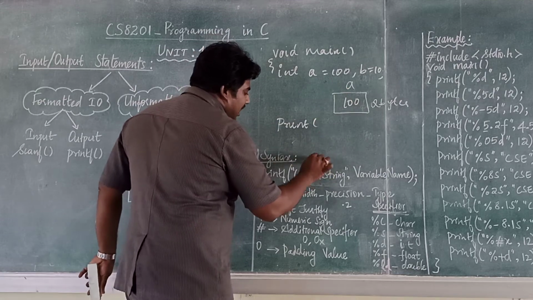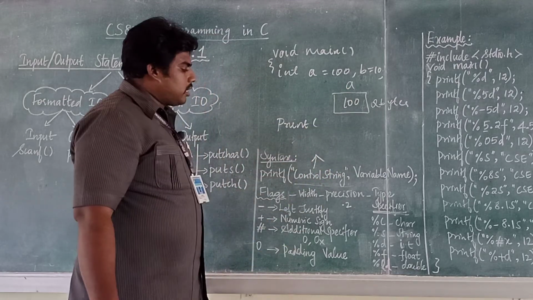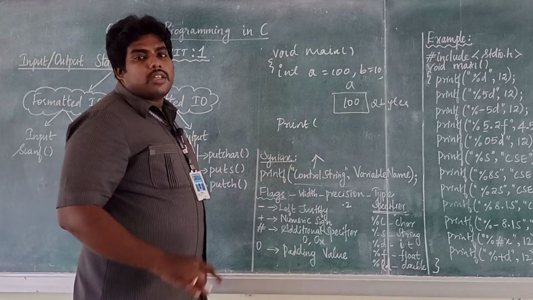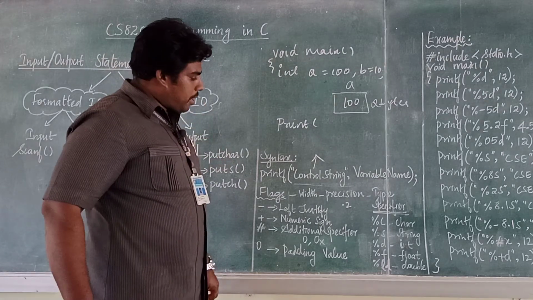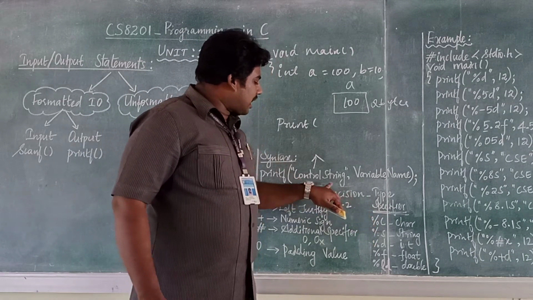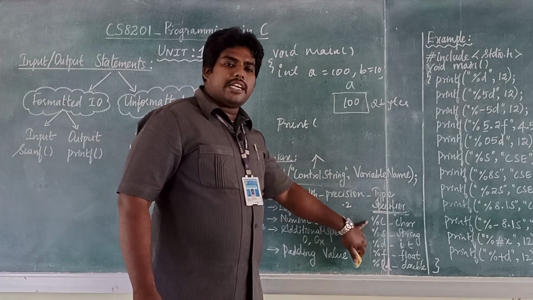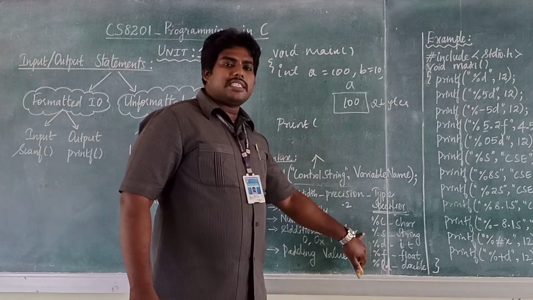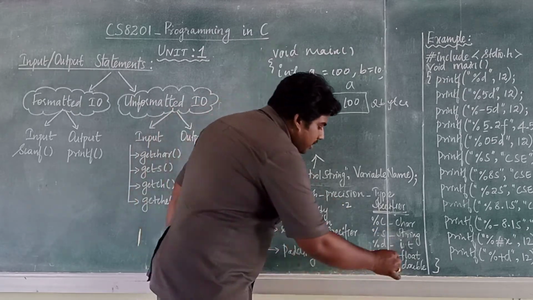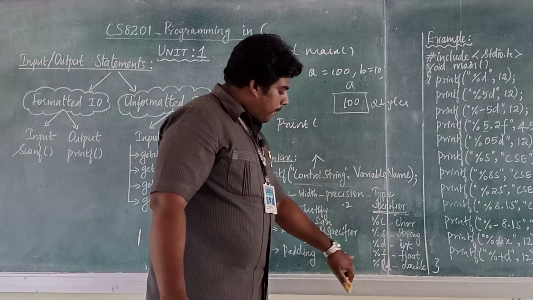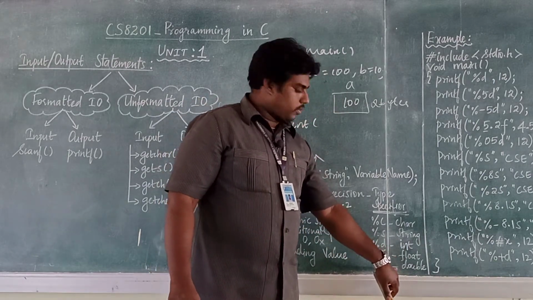Printf first takes the control string. What is a control string? It is the format specifier which denotes the data type. This type specifier is the control string. %c denotes character, %s means string, %d means integer, %f means float, and %ld means long.